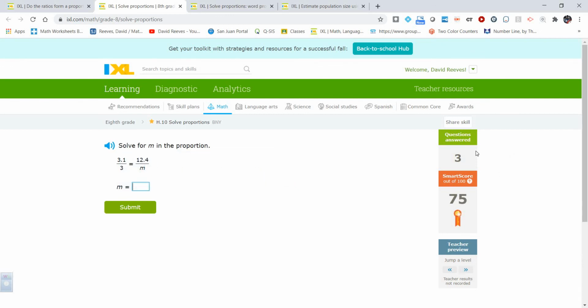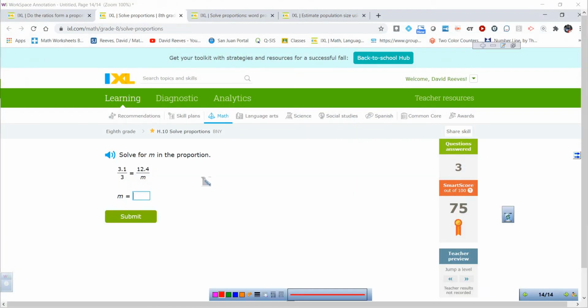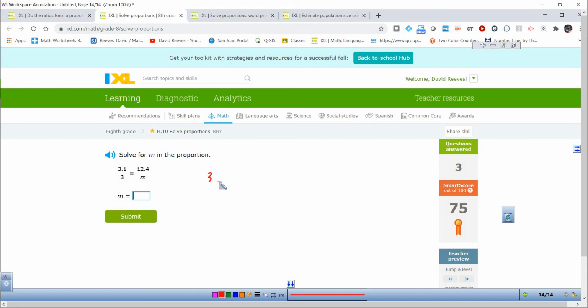Ooh, decimals. Oh, yeah. Gotta love it. 3.1 over 3.75. You mean proportions? Ratios can have decimals? Imagine that. Okay, but this isn't bad at all because if you look here, hopefully you can see that 3.1 times 4 is 12.4, right? 3 times 4 is 12. 0.1 times 4 is 0.4.